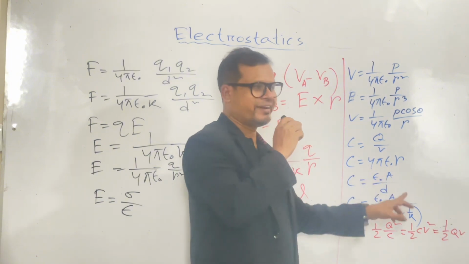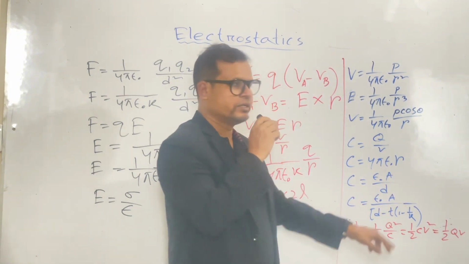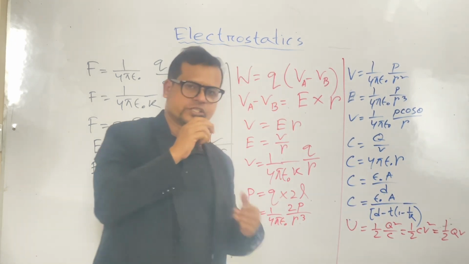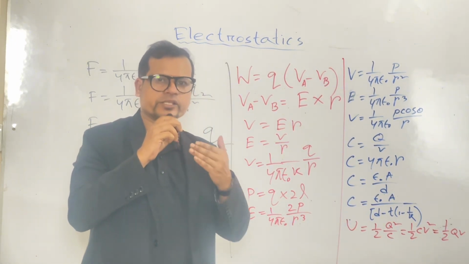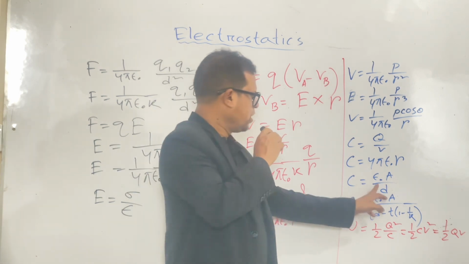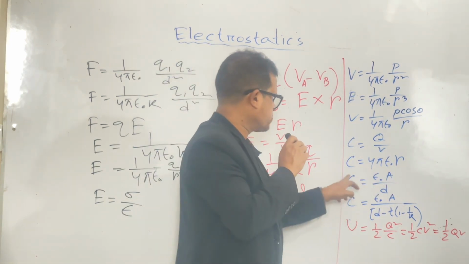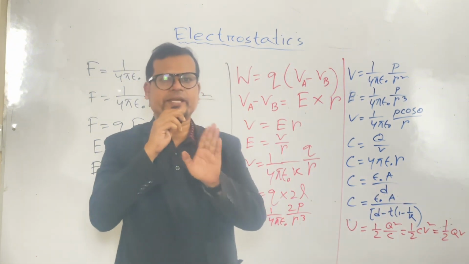If you know the radius and the permittivity, 4 pi epsilon naught r, you can find C, the capacitance. This is for a spherical capacitor, and this is for a parallel plate capacitor.